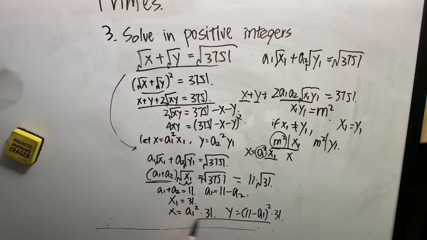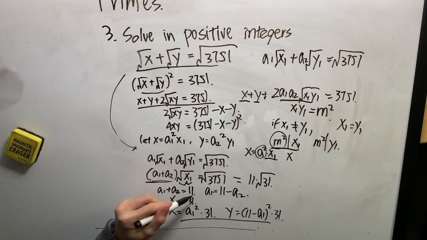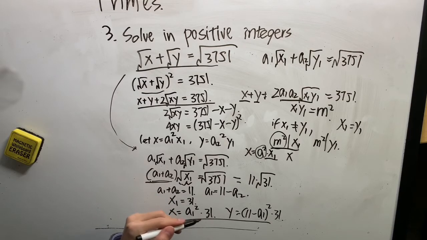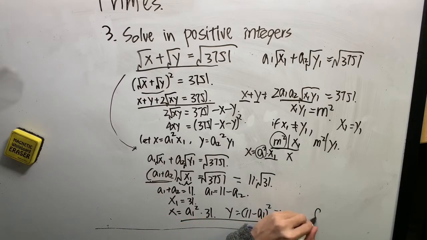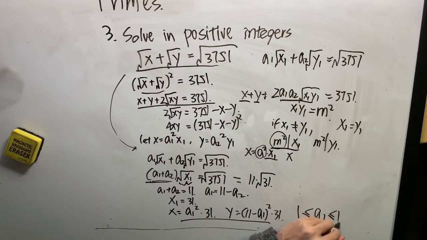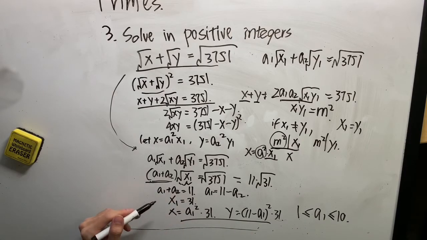But this is not true for all a1, because a1 plus a2 equals 11. So we must denote a1 as bigger than or equal to 1 and less than or equal to 10. Thus, we have solved for x, y in positive integers.